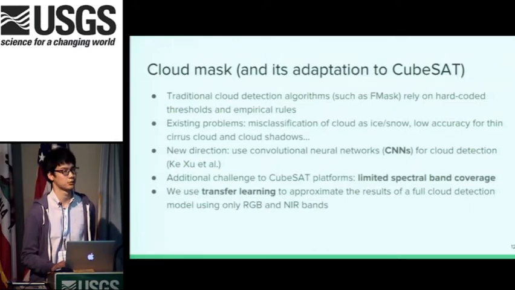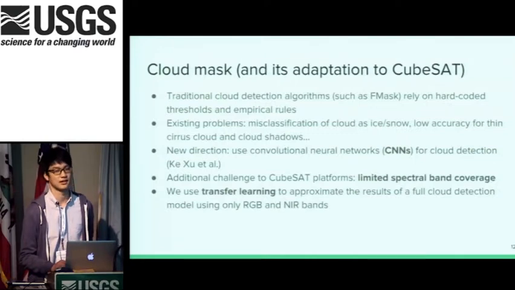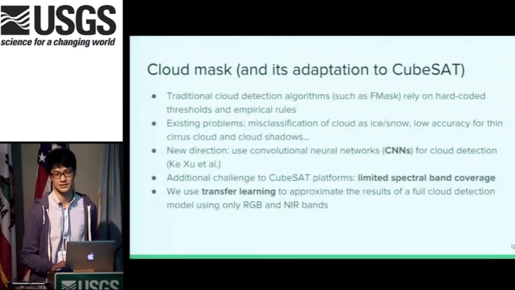Frankly, it works really well for such an empirical method, but it also has a lot of problems, like the misclassification of cloud as ice or snow, and the low accuracy for thin cirrus or cloud shadows. So what we are doing here is that we use a novel deep learning approach for cloud detection. It's work led by another grad student in my group, Xu Ke.